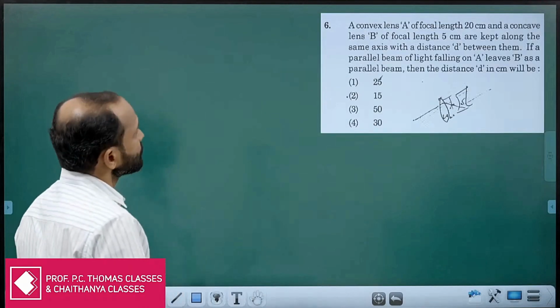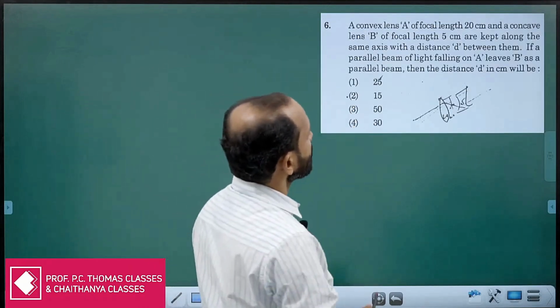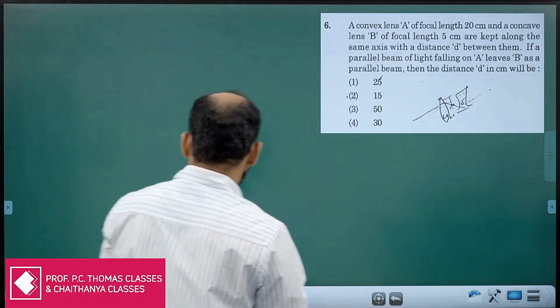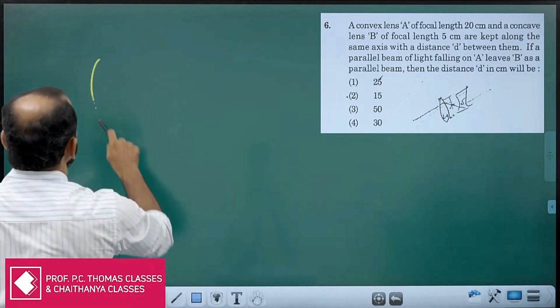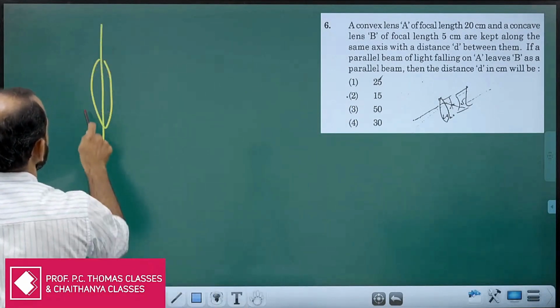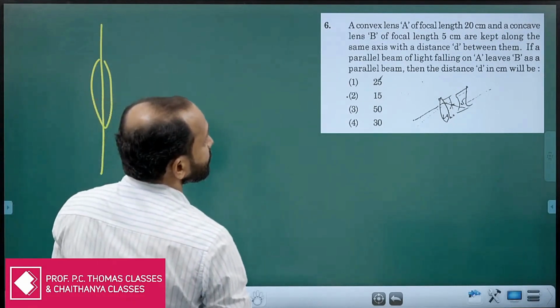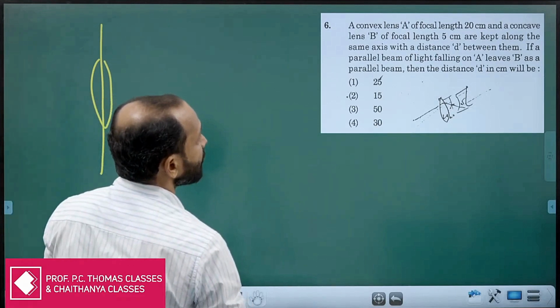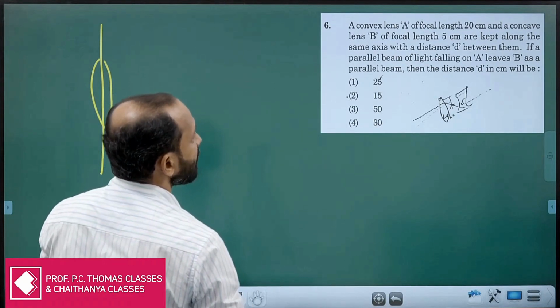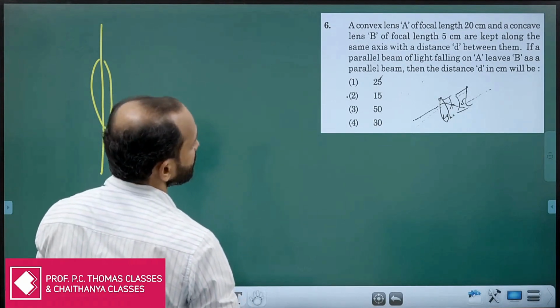Now question number 6. Convex lens of focal length 20 centimeter and concave lens of focal length 5 centimeter kept along the same axis with distance d in between.